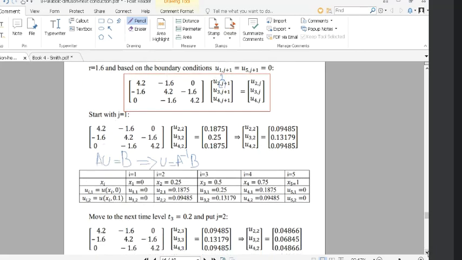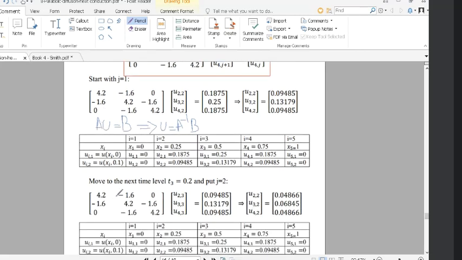And this time you put j is 2. We have this matrix constant. We have U2,3, U3,3, and U4,3. And this value is the value that you computed at the previous time level.